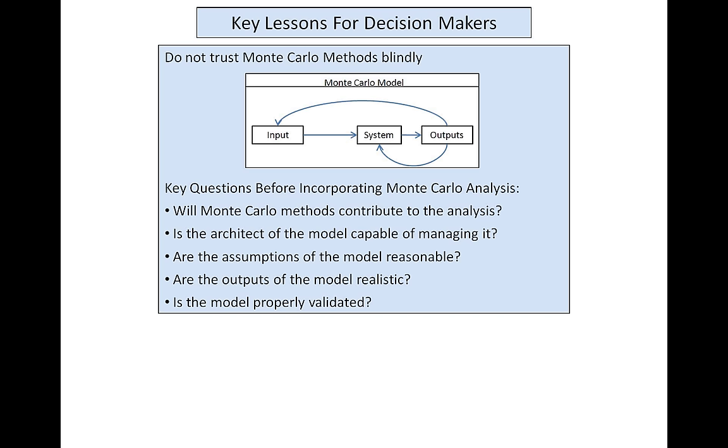So what are the key lessons for decision makers from these models? The first is just don't trust Monte Carlo methods blindly. If you have these Monte Carlo models, the key questions that you have to ask before incorporating this analysis are, will the Monte Carlo methods contribute to the analysis? And this is a very big point.